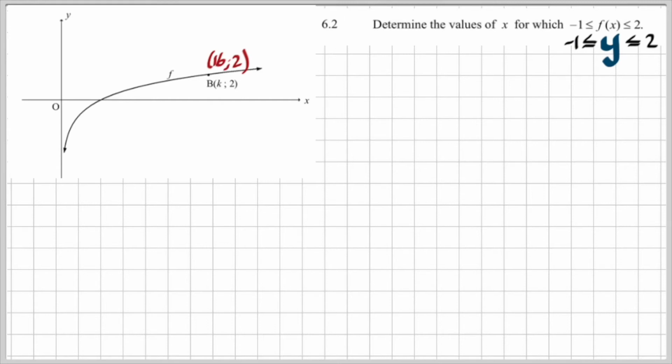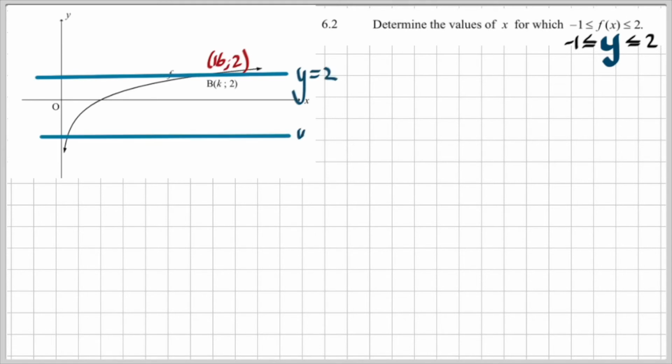So if I go to my graph and I draw 2 lines, one for y equal to -1 and one for y equal to 2, I get this on my sketch. So I've got y equal to 2 and y equal to -1. My apologies, silly mistakes, but at least I fixed it.